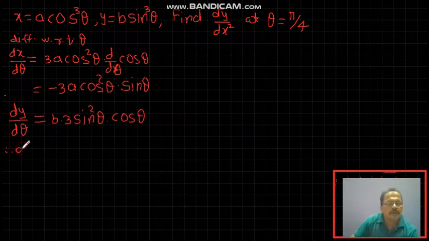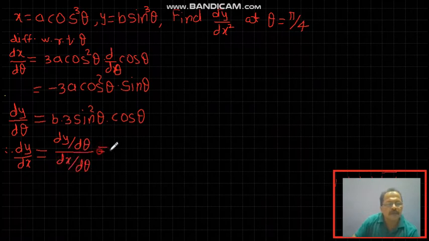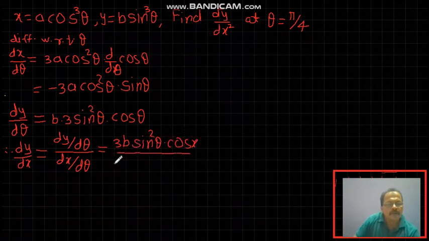And therefore dy by dx, by the parametric function formula, equals dy by d theta upon dx by d theta, equal to 3b sin square theta into cos theta divided by minus 3a cos square theta into sin theta.